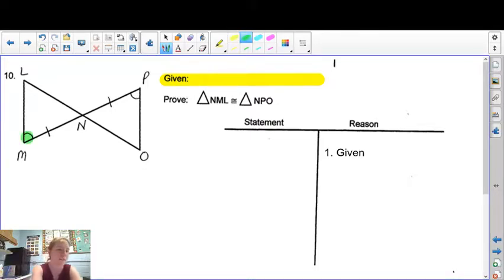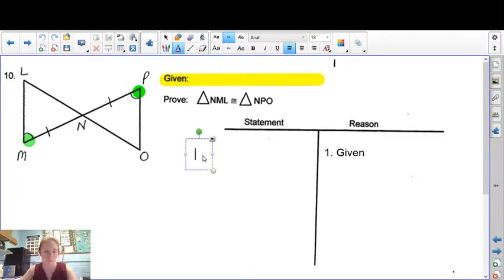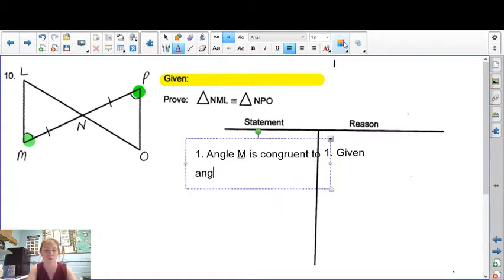So the first thing I see is I have an equal angle. So I can say angle M is congruent to angle P. Bam, given.